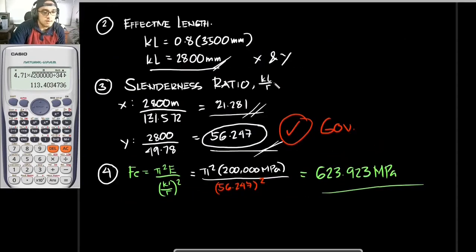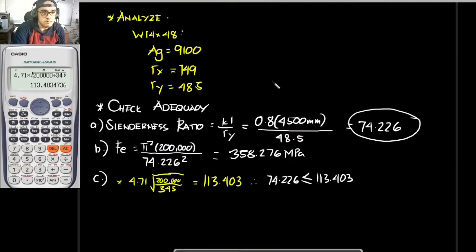So, from that, FCR, saan na ba yun? We can now solve for FCR, which is equal to 0.658 raised to Fy over Fe. So, our Fy would be 345 and our Fe would be 358.276.